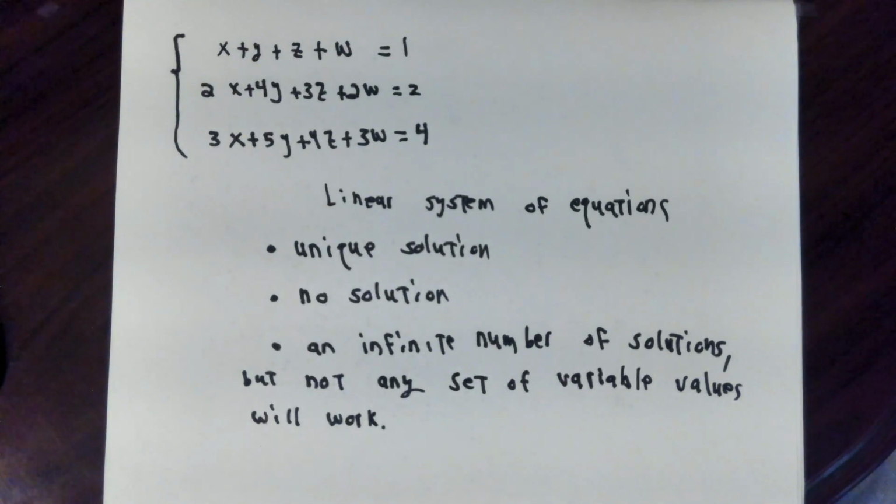It's also possible the system of equations has no solutions at all, and it's possible that you have an infinite number of solutions, but not just any set of variable values will work. There's a certain structure to it. I think this is enough to get us started.